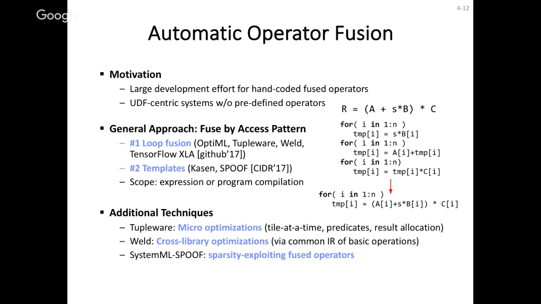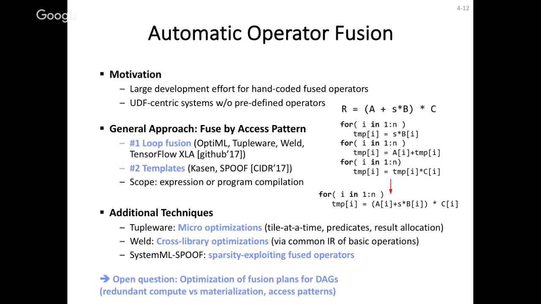Additional techniques include, for example, Tupleware, which applies very interesting micro-optimizations, such as deciding on generated code based on selectivities of certain predicates, similar to micro-optimizations in DBMS as proposed a couple of years ago, and tile-at-a-time computation, because you can imagine that compiling everything into one loop suddenly performs many more different instructions. So they try to find a sweet spot between data locality and instruction locality.